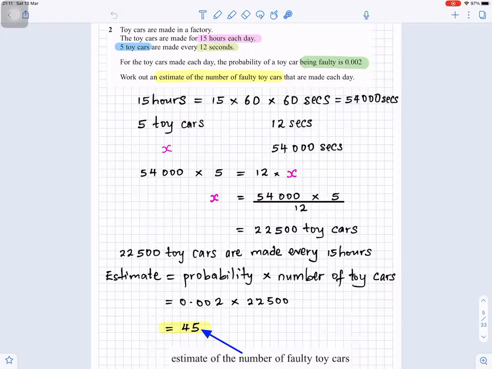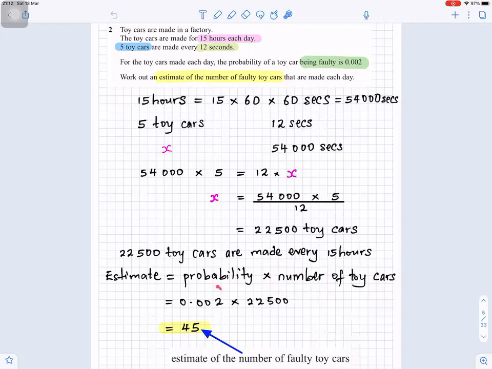So they want us to estimate the number of the faulty toy cars that are made. To estimate the number, you have to multiply the probability times the number of toy cars. Remember, whenever you see a question that says estimate, look at the probability. What are the chances of it happening times the number of them? And that will give you an estimate.